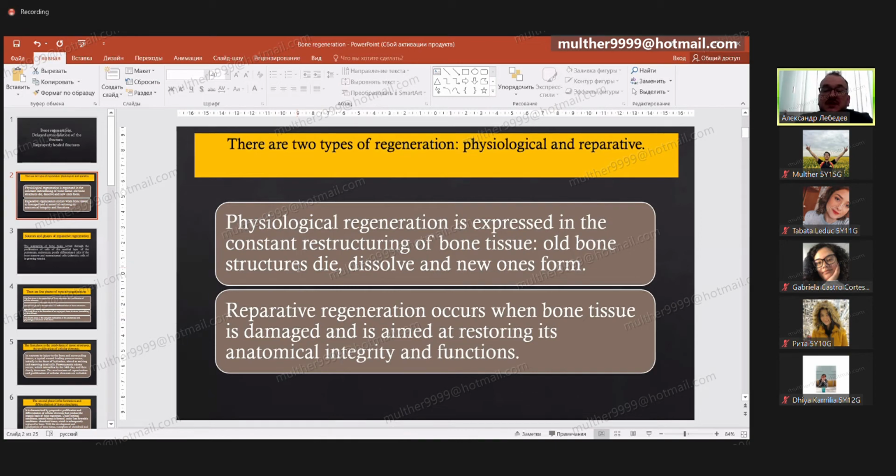If we want to understand which kinds of regeneration we have, on the slides I show you that we have physiological and reparative regeneration. And you see the definition of these two processes which happen in the fracture.